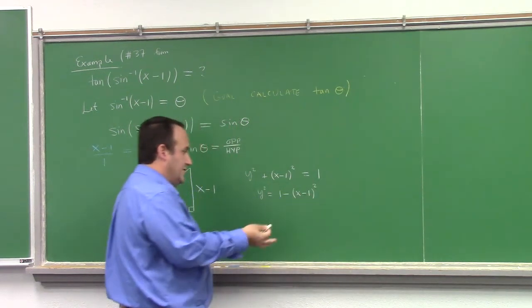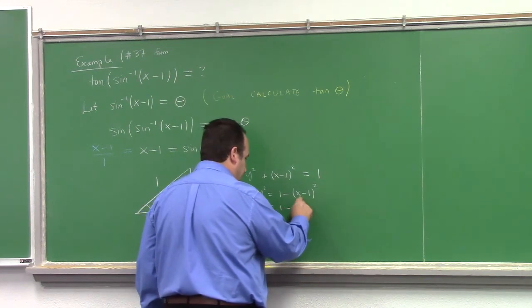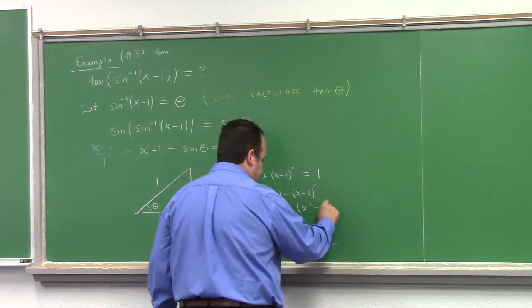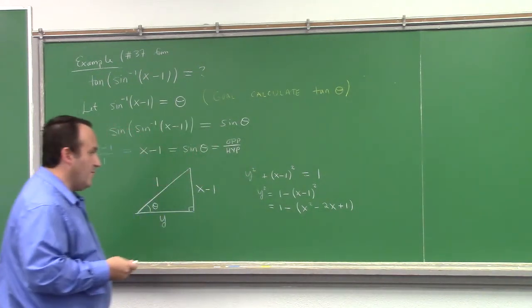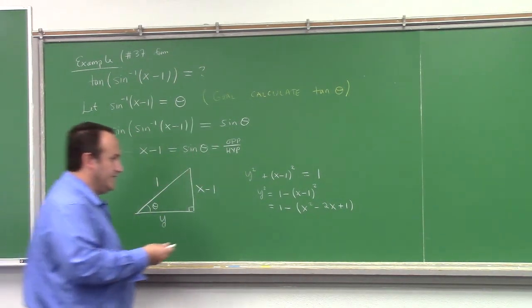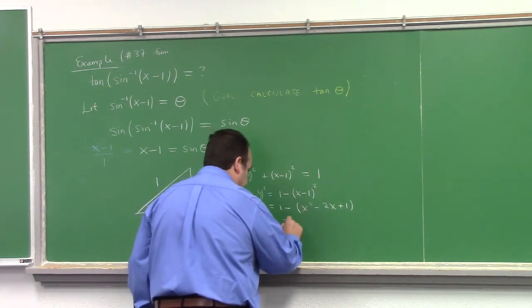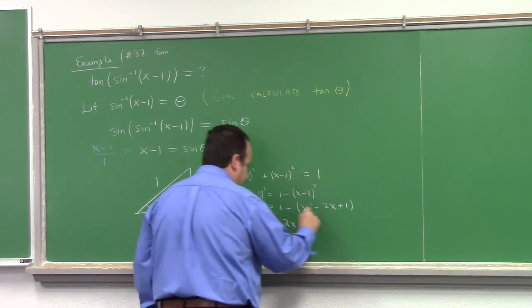Of course, we can do a little bit better than that. We can square that out. That's 1 minus parentheses x squared minus 2x plus 1. The 1's cancel, and we have 2x minus x squared for y squared.